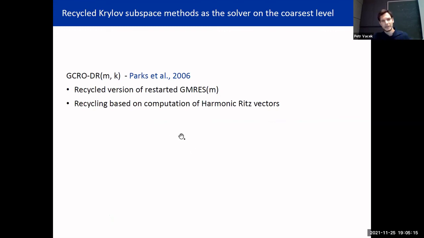So now I would like to show an experiment with the restarted GMRES method and its recycled version GCRODR. Here the recycling is based on computation of harmonic Ritz vectors.